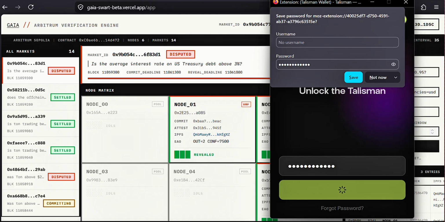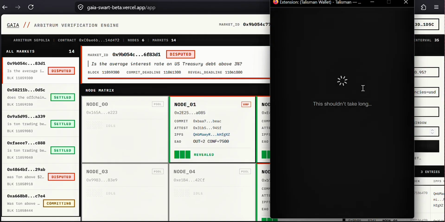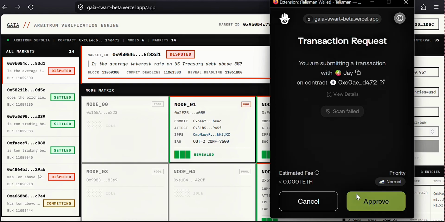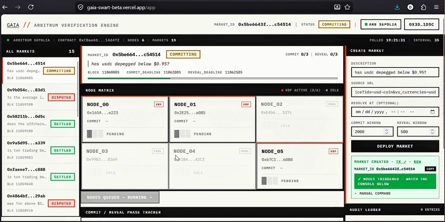Also, one thing I've not talked about is how consensus is reached. There's something we call schema isomorphism check, which is basically how Gaia determines whether two nodes actually agree. So reaching the same outcome is not enough on its own.